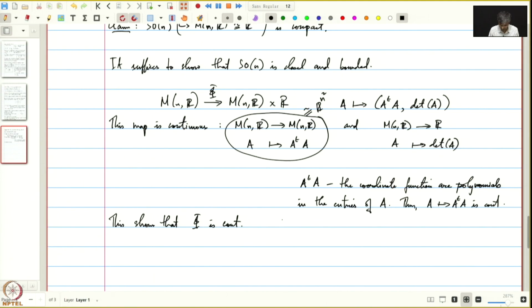Right. So now the point (identity n cross n, 1) in M_n(R) cross R is a closed subset.